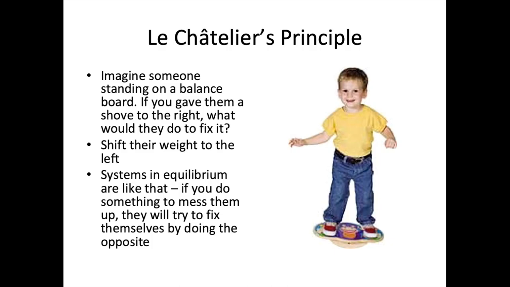Le Chatelier's principle is essentially that, but for chemical equilibria. If you do something to mess up your equilibrium, the system will try to counteract it to go back to being in equilibrium. The system likes being in equilibrium. It's stable that way. So if you take a system out of equilibrium, it will do the opposite of what you did to try to get back into equilibrium.